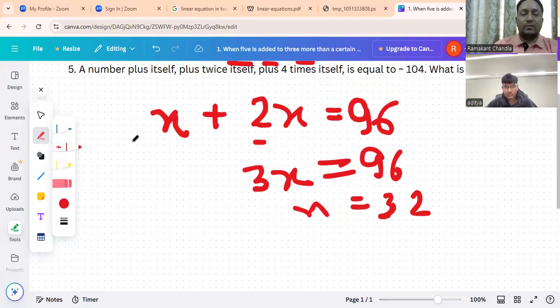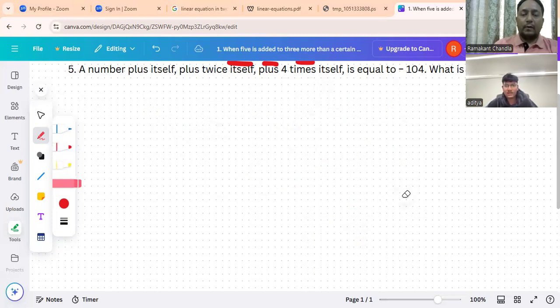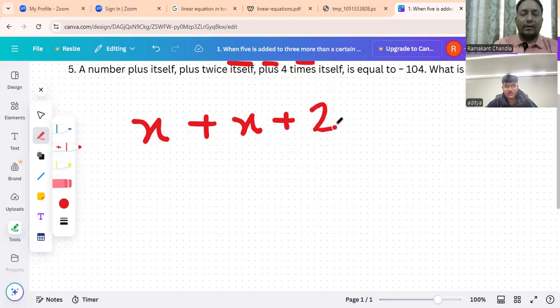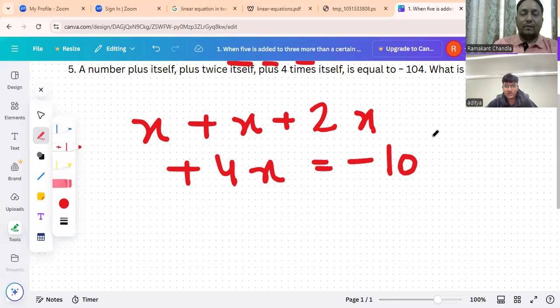Now, can you help me in solving the fifth one? So it'd be x plus x plus 2x plus 4x equals negative 104.